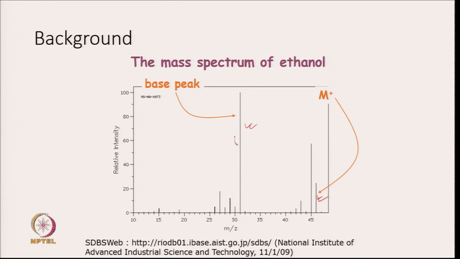This peak is the most intense one and hence called the base peak, whereas this one is the molecular ion peak. You assign abundance with respect to this base peak, and here you can see this has been assigned 100. So, this is your relative intensity, and other peaks are assigned a relative intensity as a percentage of the base peak.